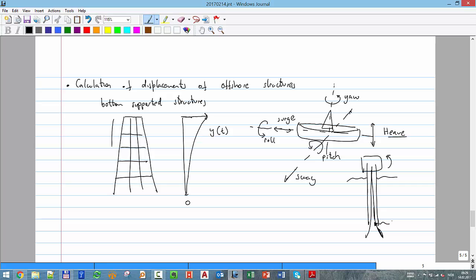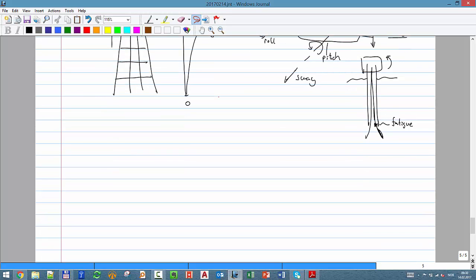So it can cause some fatigue in those pipes. Really, there are different loads that are important for each particular case. But usually it's heave, and we have pitch in spars, and for bottom supported structures we have deflection similar to a bar.